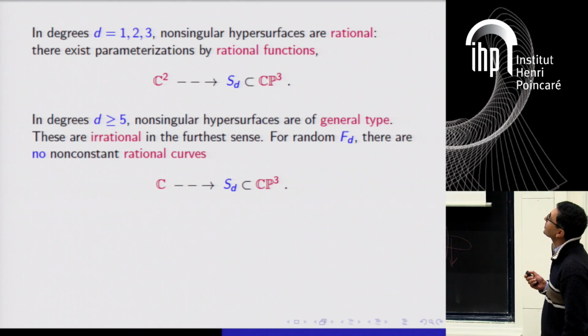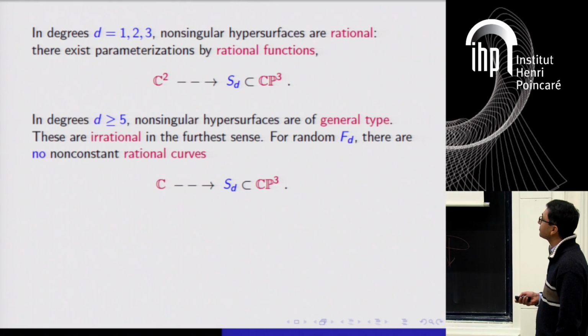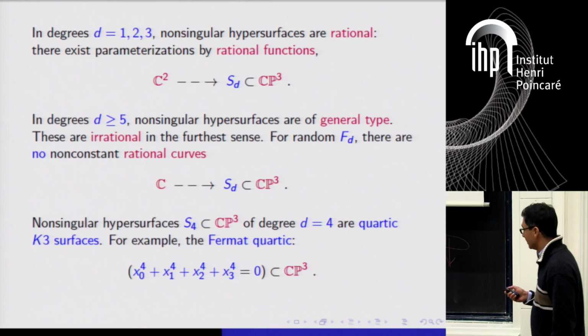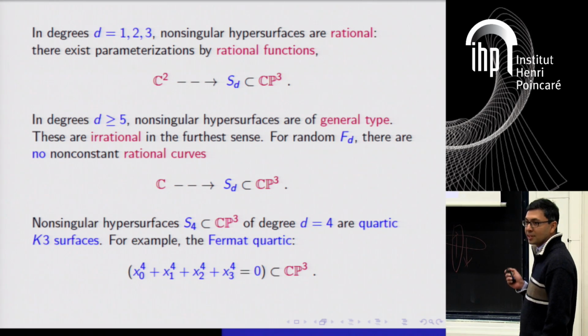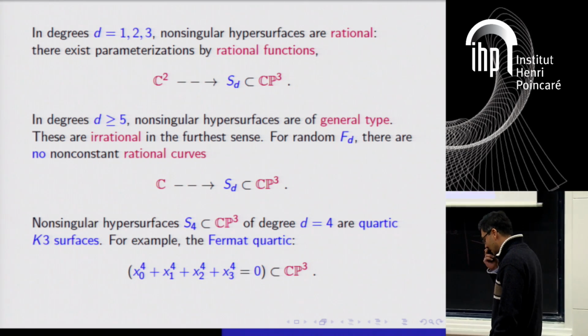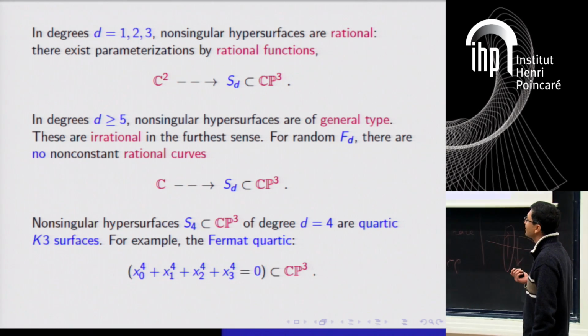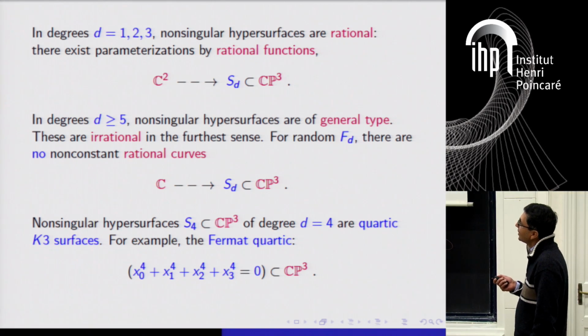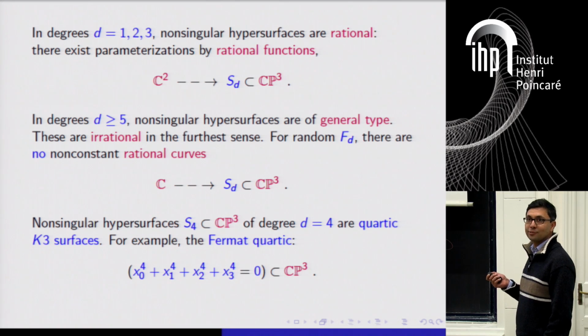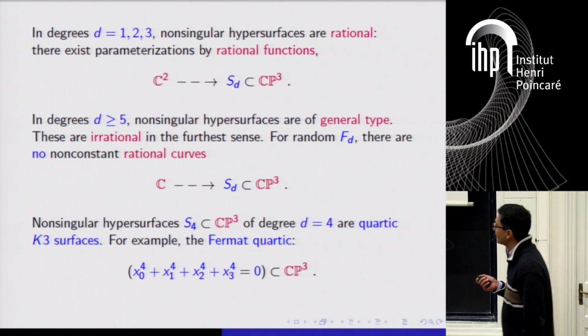So there's a transitional degree here, which is the degree 4. Non-singular hypersurfaces of degree 4 are quartic K3 surfaces. This is the easiest way to come to a K3 surface. It's a very simple thing. I take CP3 and I write any non-singular quartic equation. In fact, the Fermat quartic, the sum of the powers.